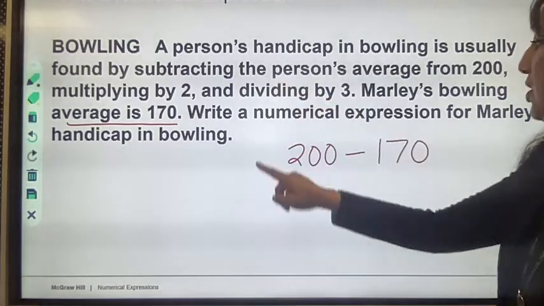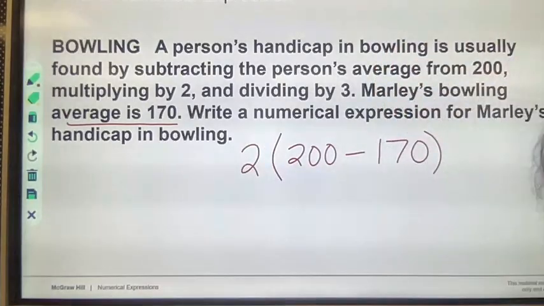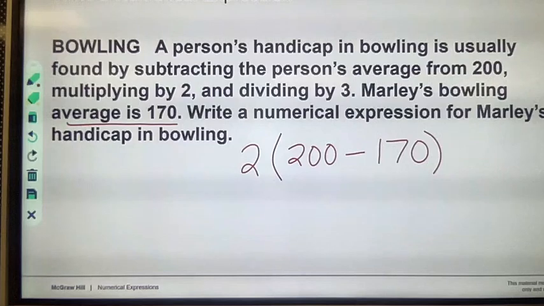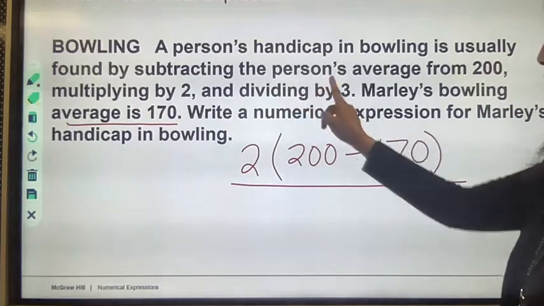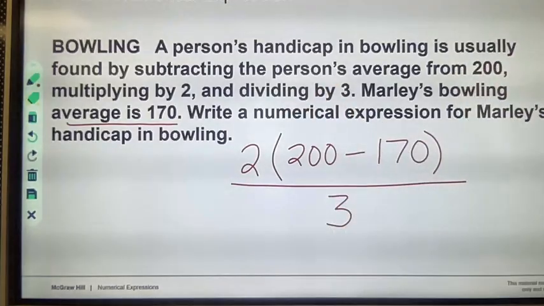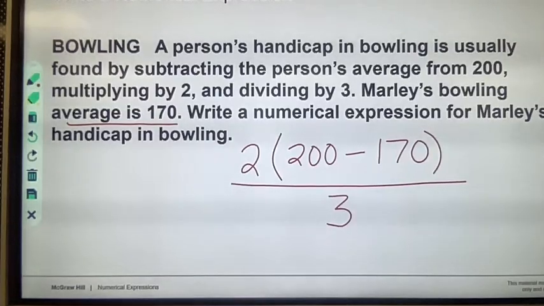Okay, multiplying by 2. So this difference is multiplied by 2. And finally, we are going to divide the result by 3. Okay, so it says I'm dividing by 3. So here is my numerical expression. Okay, so just look at that. Then let's look at a problem.